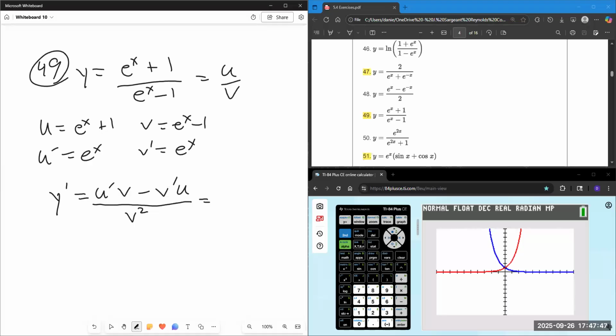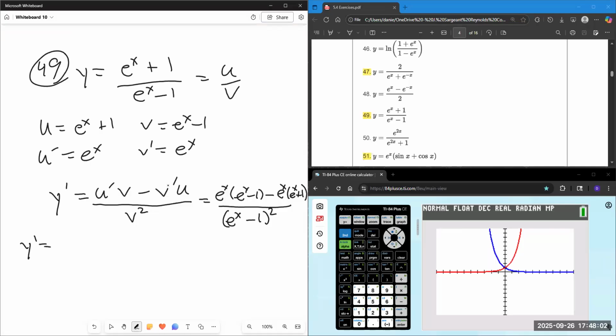So that will be e to the x times e to the x minus 1 minus e to the x times e to the x plus 1 over e to the x minus 1 quantity squared.